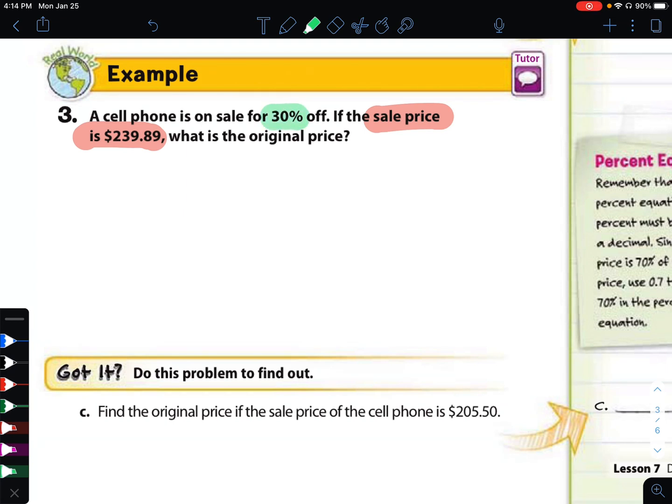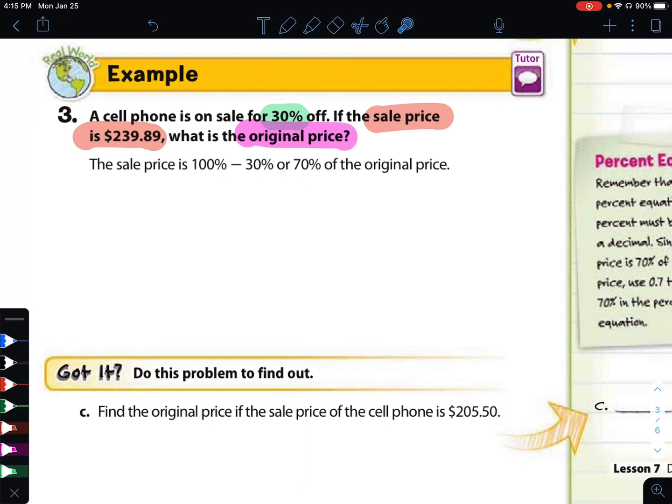We're being asked what the original price is. So first things first, we know that the sales price is 100% minus 30%, or 70% of the original price. We know it is 70% of the original price.